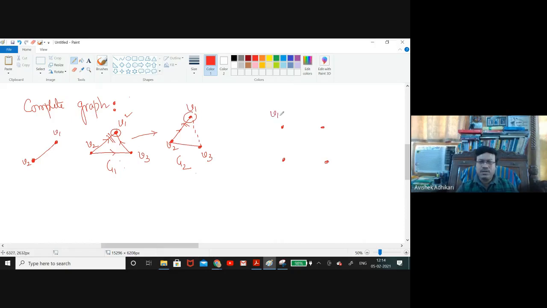say V1, V2, V3, and V4. Now you may say that this is a connected graph, this is a connected graph.